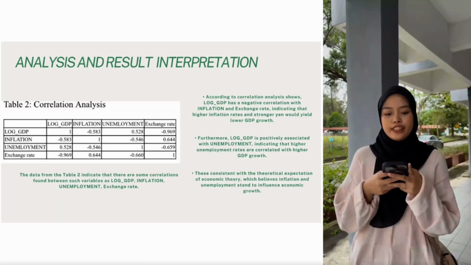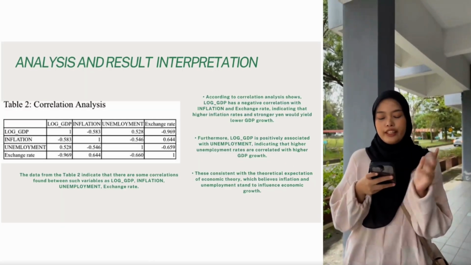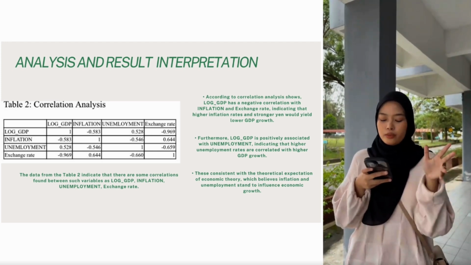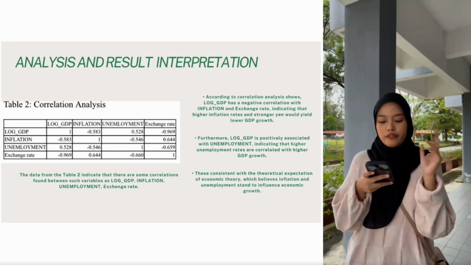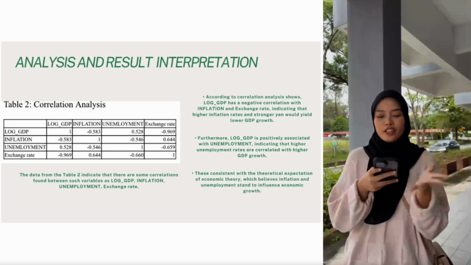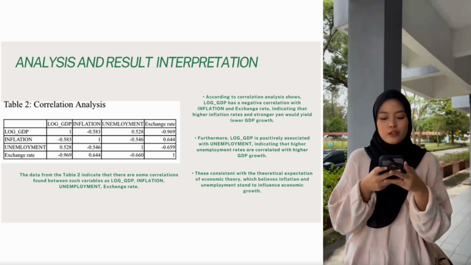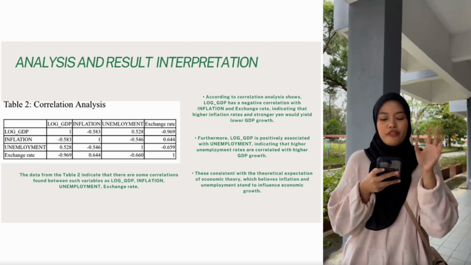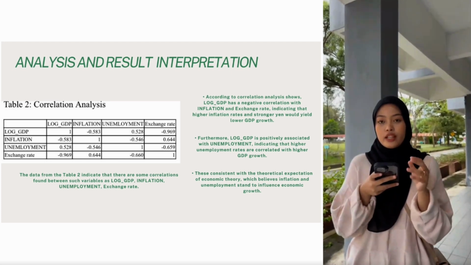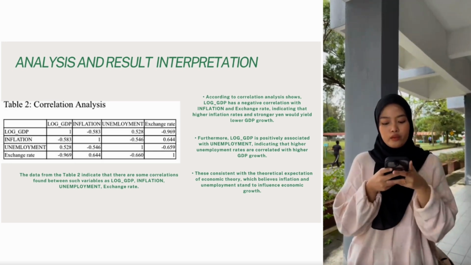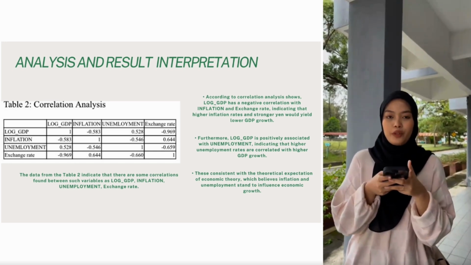Okay, next, the data from table 2 indicate there are some correlations found between such variables as log GDP, inflation and unemployment, and also exchange rate. According to correlation analysis, log GDP has a negative correlation with inflation and exchange rate, indicating that higher inflation rates and a stronger yen yield lower GDP growth.